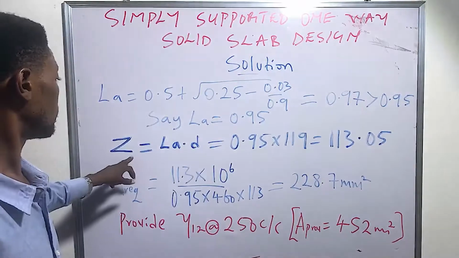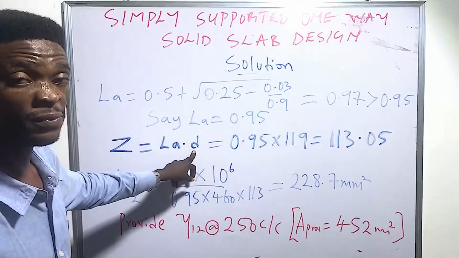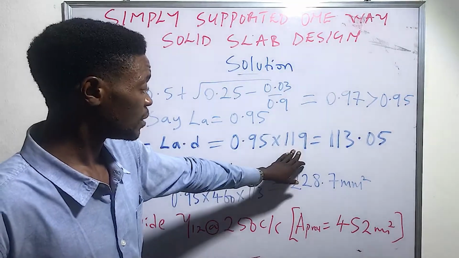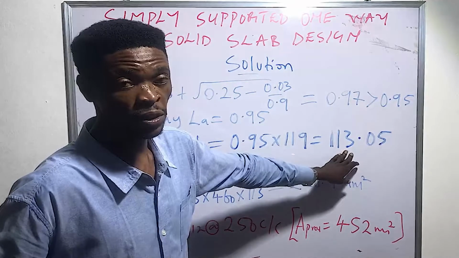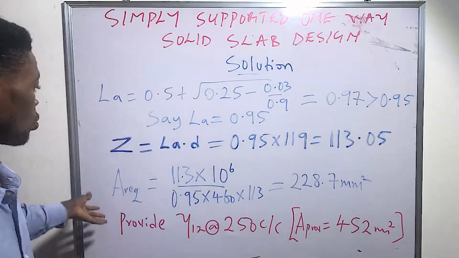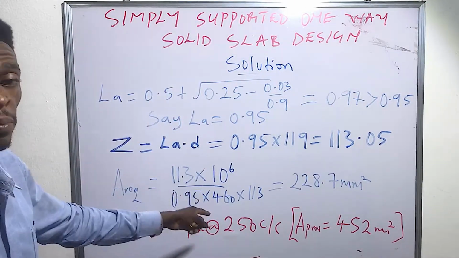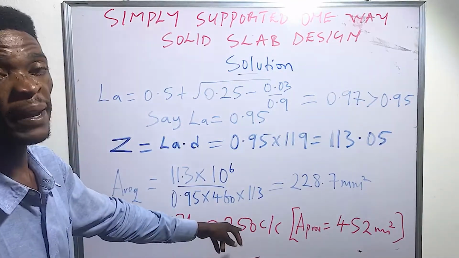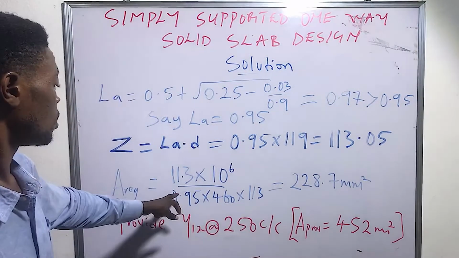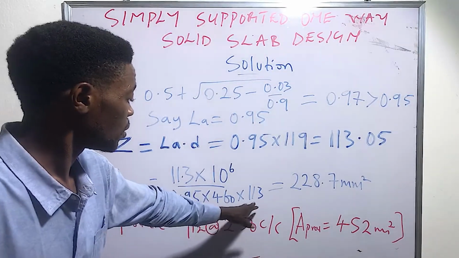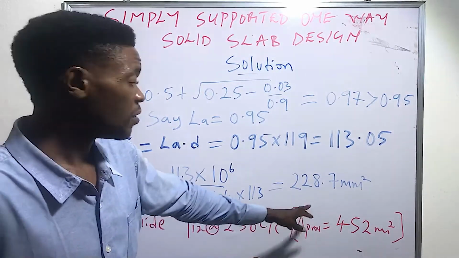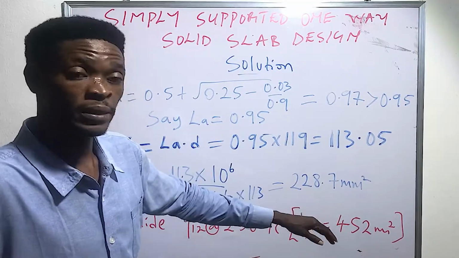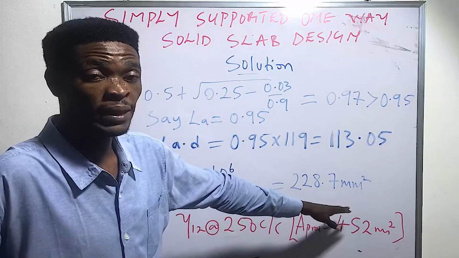Then our Z, which is lever arm multiplied by the effective depth, now becomes 0.95 multiplied by the effective depth, which gives us 113.05. So our area required, which is maximum bending moment over 0.95 multiplied by characteristic strength of steel multiplied by the effective depth, now gives us this. So our area required for tension reinforcement is 228.7 millimeter square.